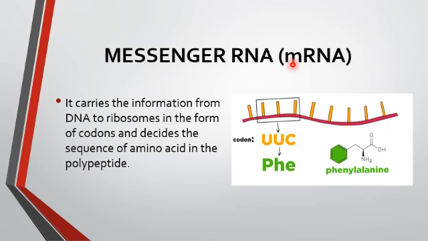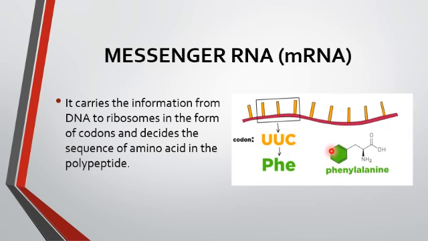As the name is messenger, it carries the information from DNA to ribosome in the form of codons. So these are the codons which are present in the form of nitrogen bases, that is U, uracil, uracil, uracil and cytosine. It is equivalent to the particular amino acid, that is phenylalanine.